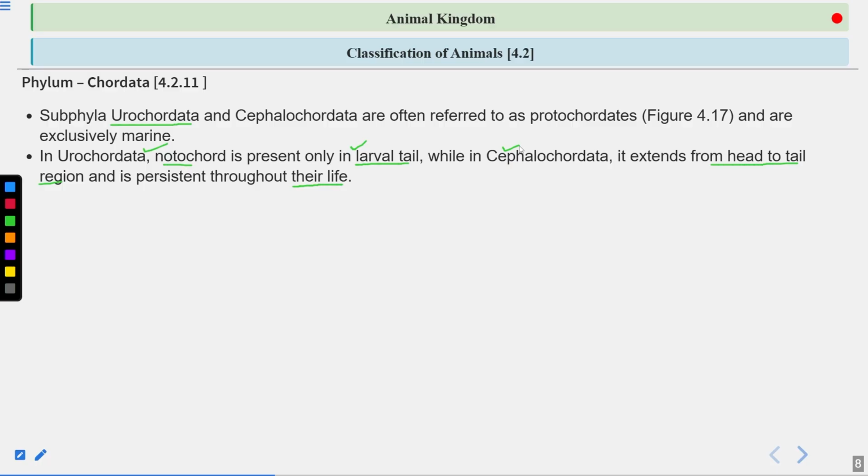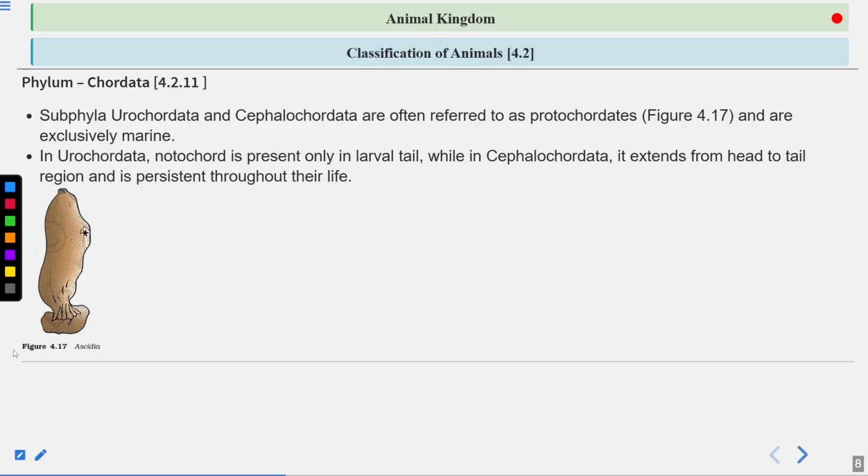In Urochordata it is present only in the larval stage, in the tail region, not up to the head region. But in Cephalochordata, the notochord is present from head to tail, in the whole body, and it persists in adulthood, throughout their life.